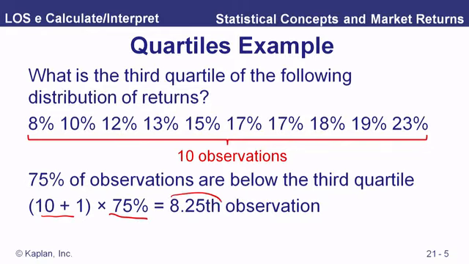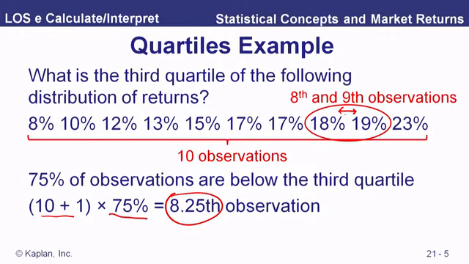and we want the observation, we want the value of 8.25. So if I count these, 1, 2, 3, 4, 5, 6, 7, 8, guess I could have counted from the right. So we want a quarter of the way from 18 to 19. And that's going to be our 75th percentile. So there's the 8th and 9th.